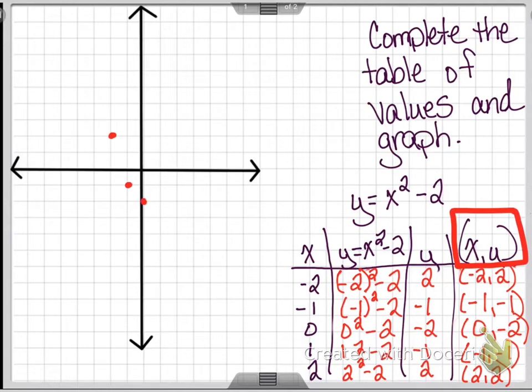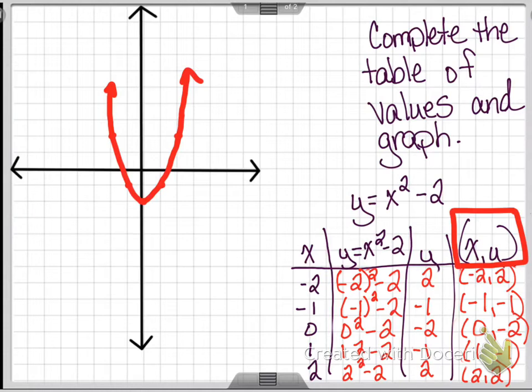Oh, that should be +1. This is +1, -2, and 2, 2. Okay? And we have a parabola. And we are going to draw a very smooth line, or a smooth curve. And it should not be going back in like that. It's smooth. So there's my parabola.